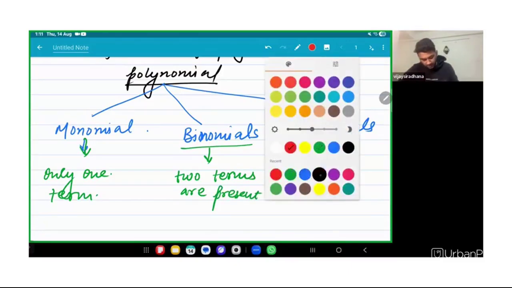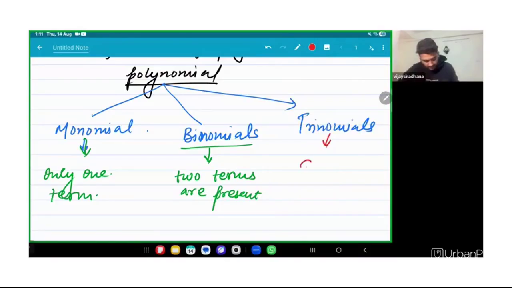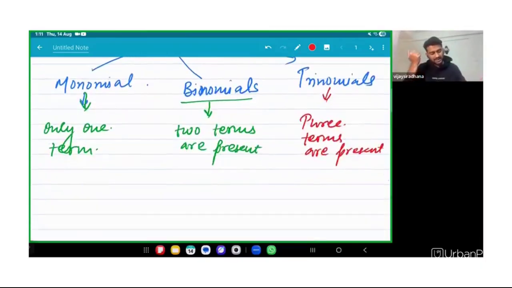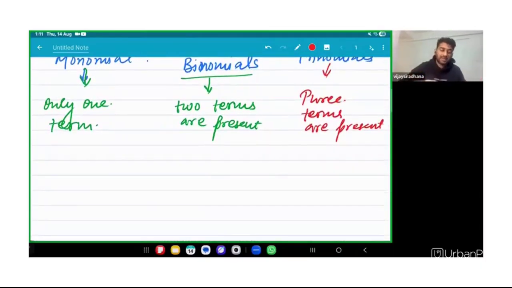And third, the trinomial, is something where three terms are present. Mostly in your 9th class syllabus, you will see only monomial, binomial, or trinomial. Now let's see an example of each and every one, and then I'll give you some other questions.